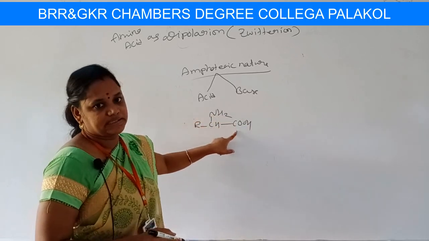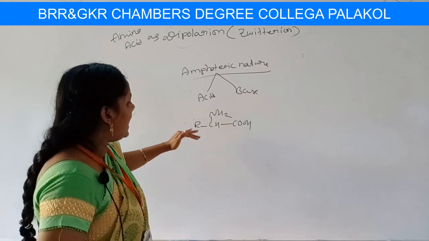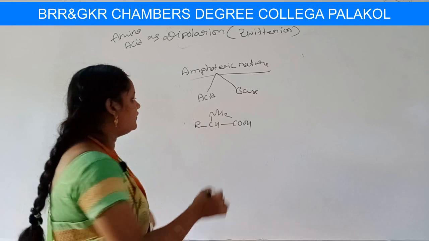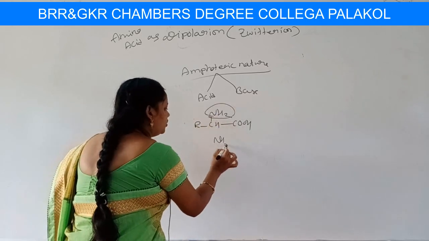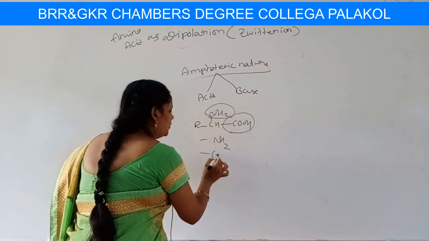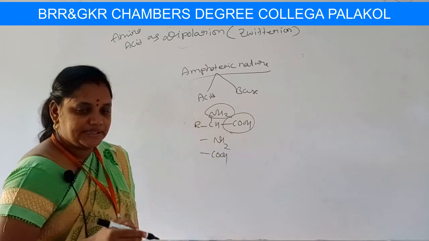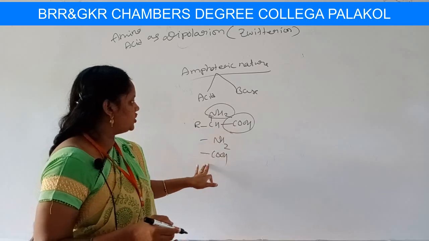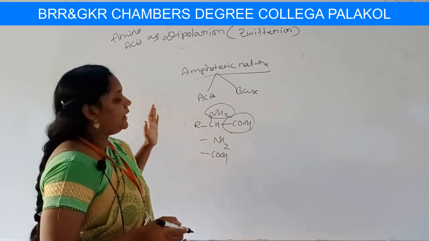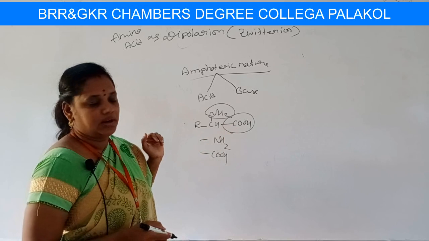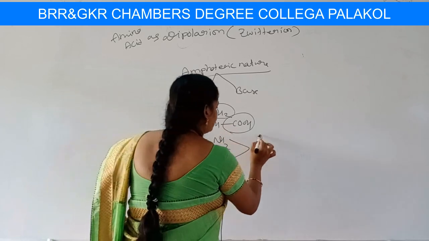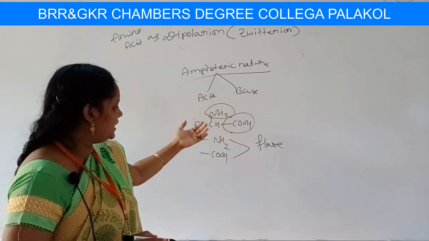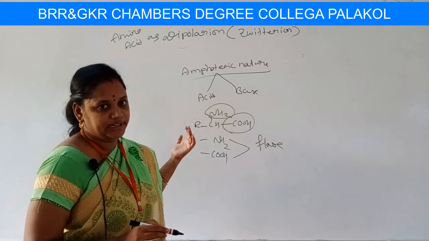Some of the scientists gave the information that amino acids are amphoteric in nature due to the presence of an amino group, NH2 group, and an acid group, COOH group. But it was proven false. This is not because of the free NH2 and COOH group that they are amphoteric in nature.